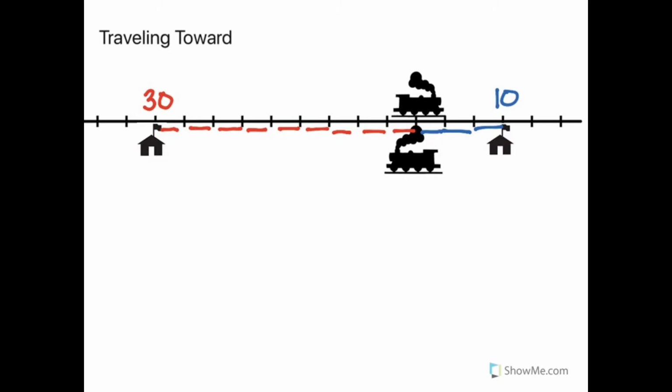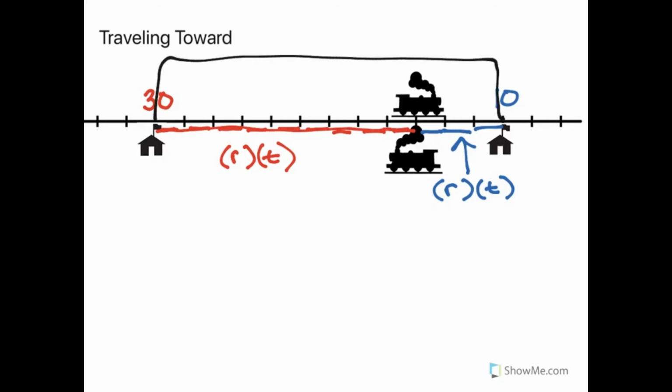Well, so what happened here? We have the distance traveled by the first train, which was the rate times the time, and the distance traveled by the other train, again, its rate times its time, and together those two add up to the total distance between where they started.